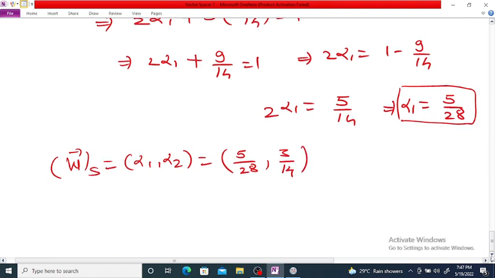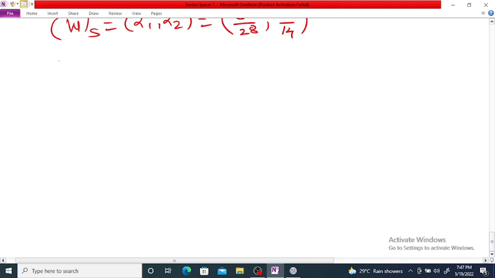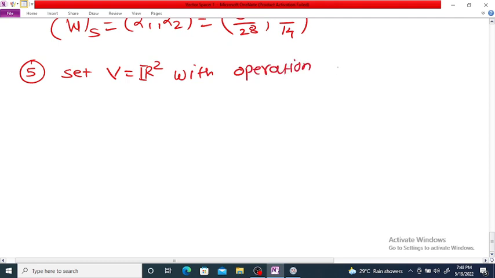Now the next example, number 5. Here the set V is equal to R square is given, with operations plus and dot.